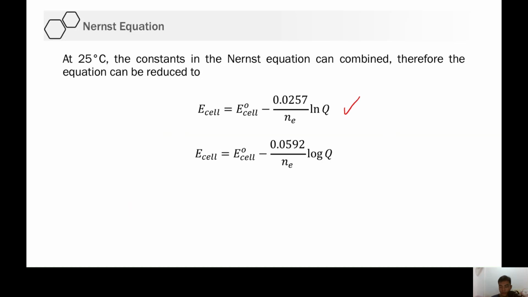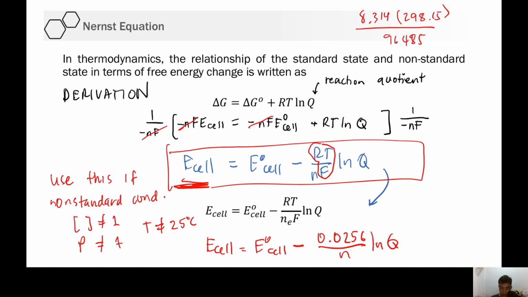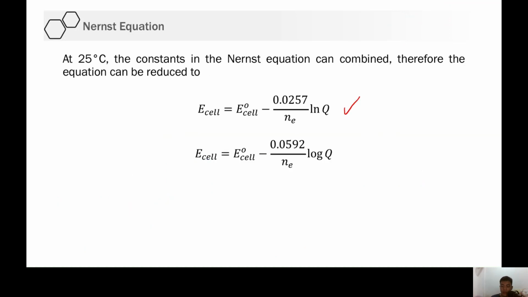So we can use that. I'm sorry, I have not rounded it off. But the common form that we use in chemistry is the one in the logarithm function. We commonly use the one in the log function.